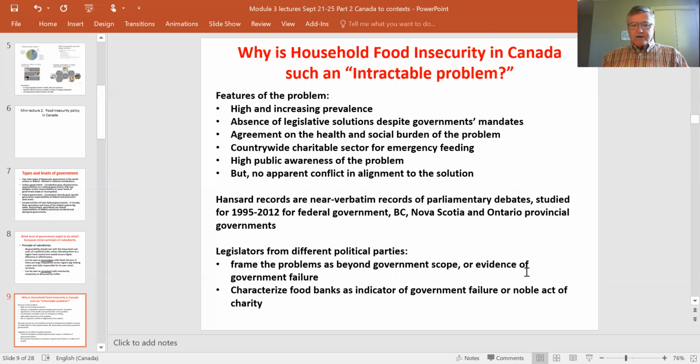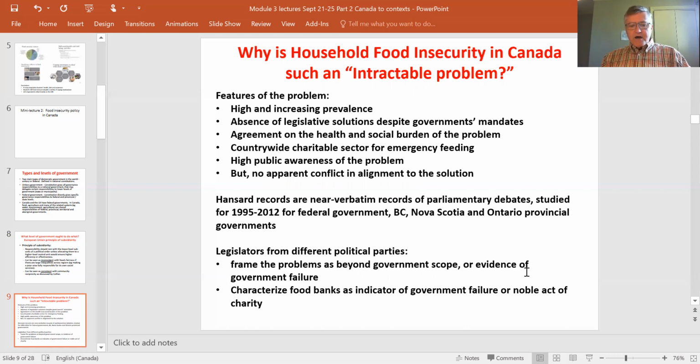They use content analysis of these Hansard records, which are records of parliamentary or legislative debates at the provincial level. They studied all of the debates over a 17-year period that had something to do with household food insecurity in Canada or in the province.